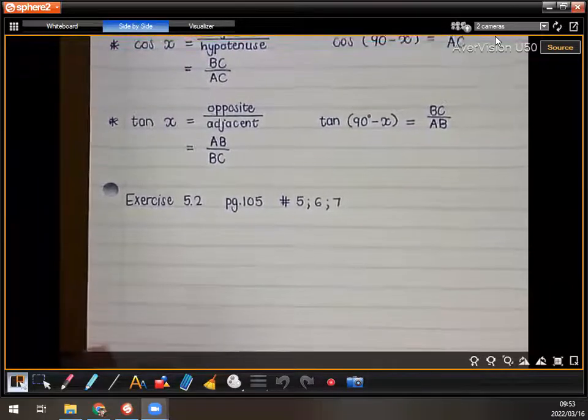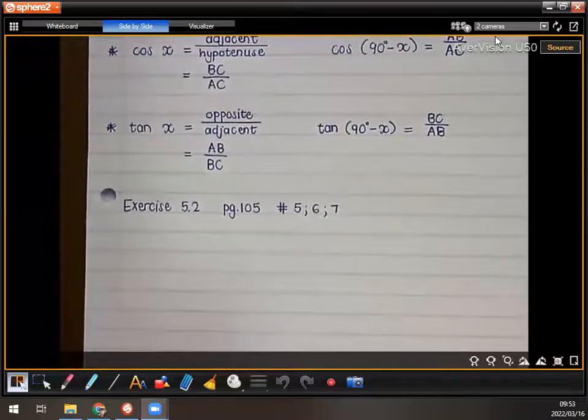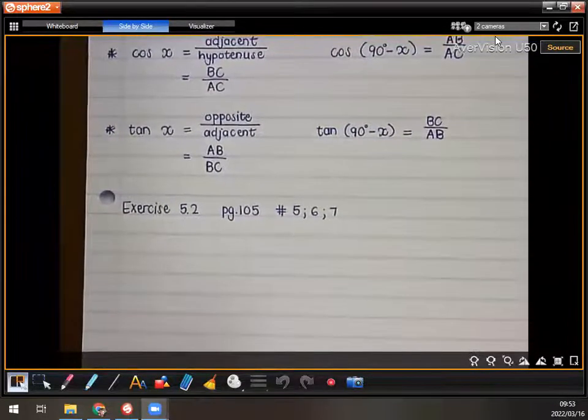So guys, number 5 is just one triangle, and they ask you to find the ratios, just like we did now in our triangle. In number 6, they have put a smaller triangle inside a bigger one. That's slightly more complicated, but they then tell you which triangle to work in. And in number 7, they've done the same thing, but they're saying you need to write 2 formulas for each ratio. So you're going to have to look in the different triangles. Okay. Let's start working on that now.